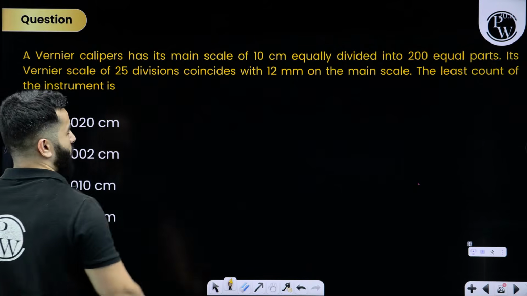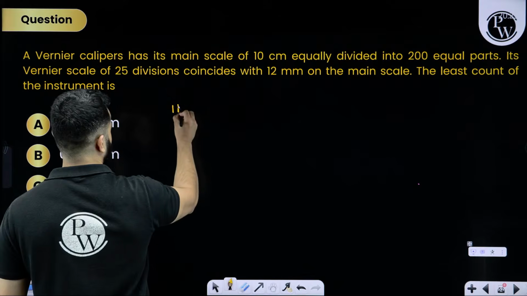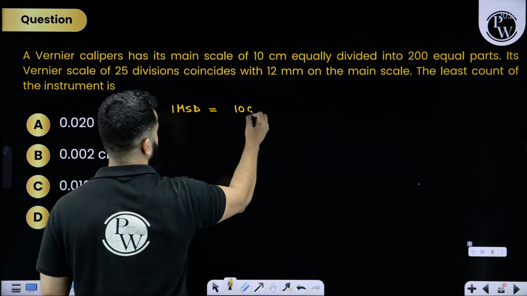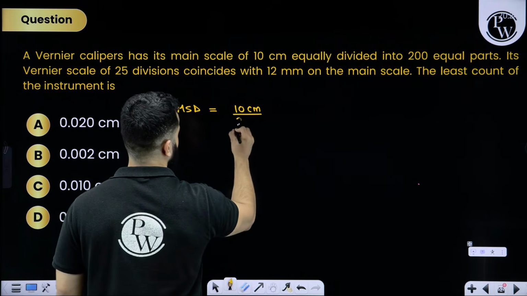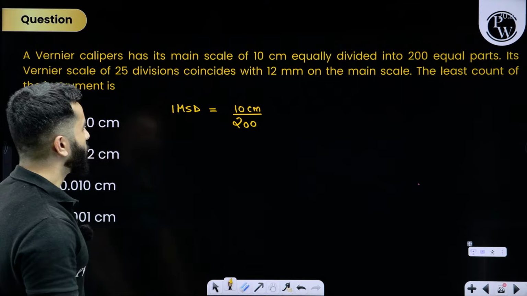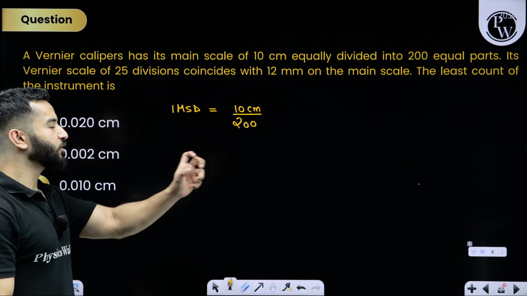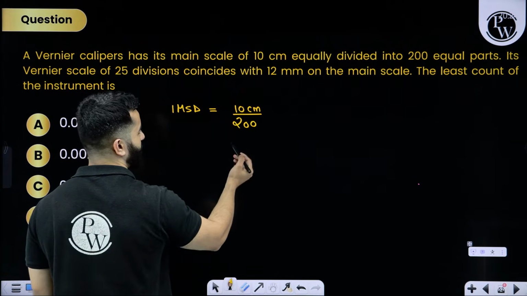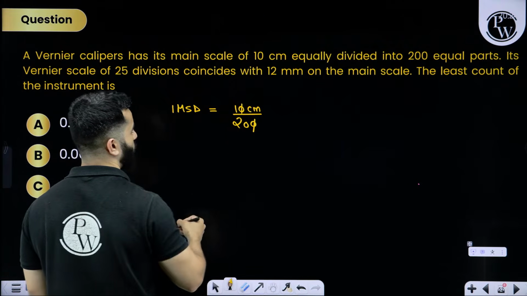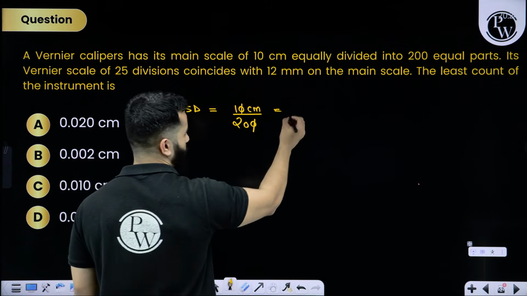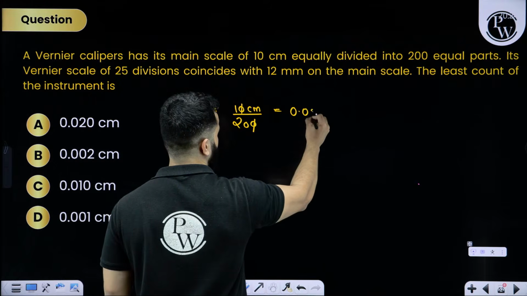So one main scale division will be 10 centimeter divided by 200, because in 10 centimeter you have got 200 equal parts. Hopefully this is all clear. So this will become, dosto, 1 by 2 is 0.5, so 0.05 centimeter.